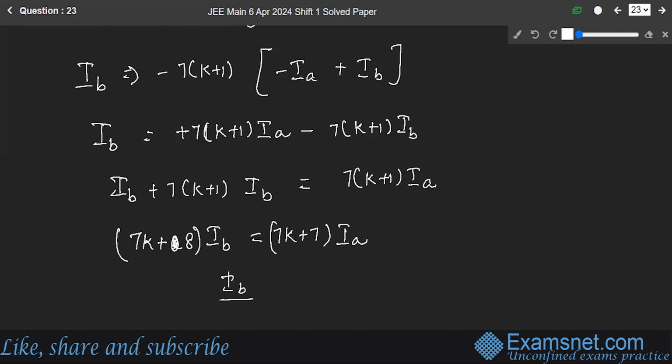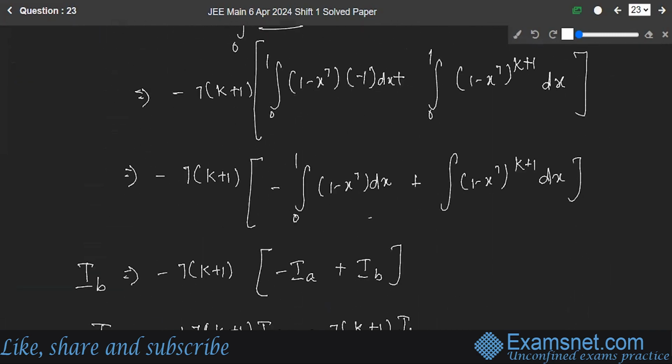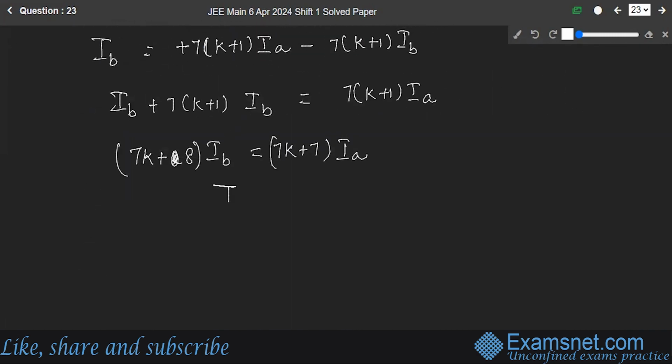Or you have IA upon IB, which is Rk. IA upon IB will be given by (7k plus 8) upon (7k plus 7). Right. And therefore, this can be written as (7k plus 8) upon this. This is equal to your Rk, right?